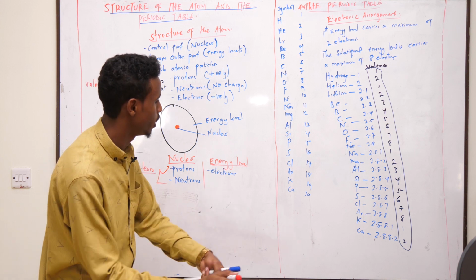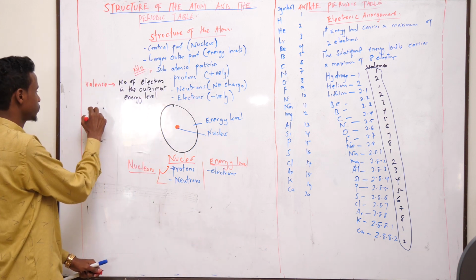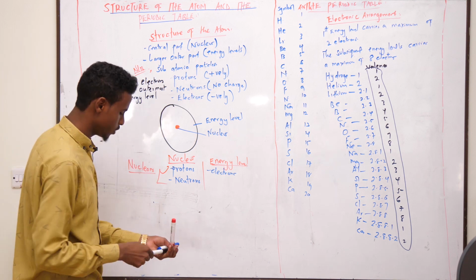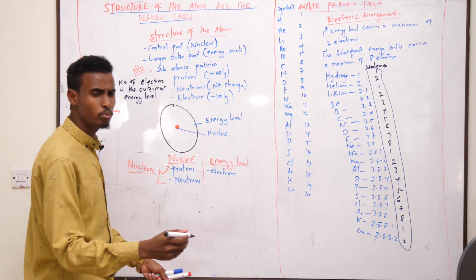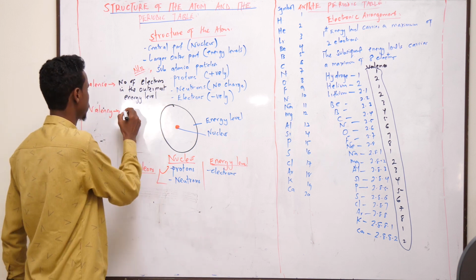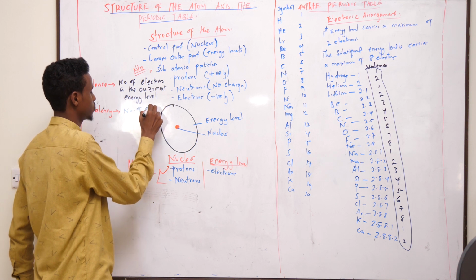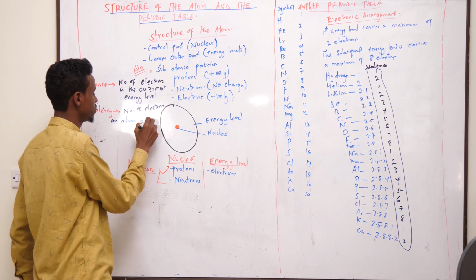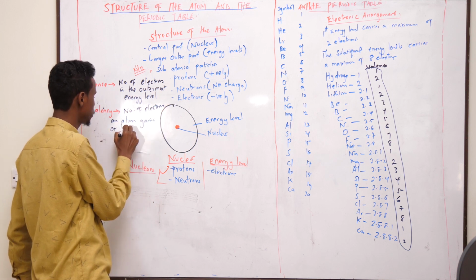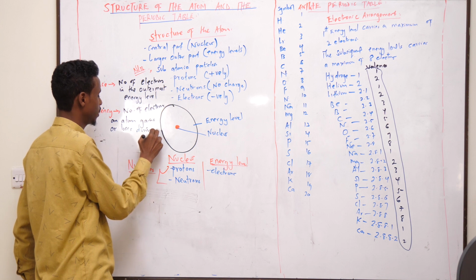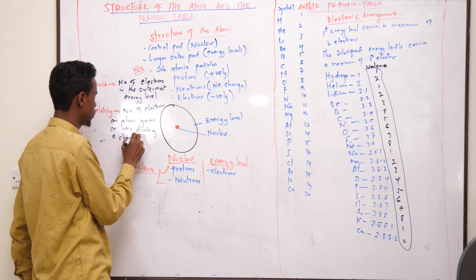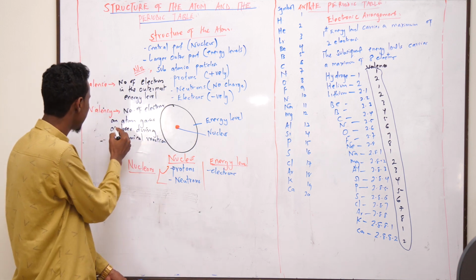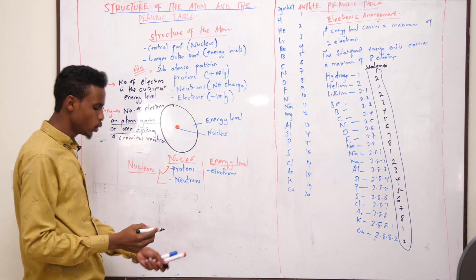Very good. Again, we have another terminology called valency. Valency is the number of electrons an atom gains or loses during a chemical reaction.